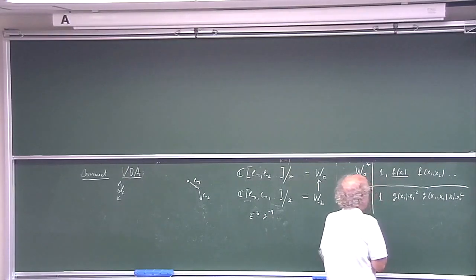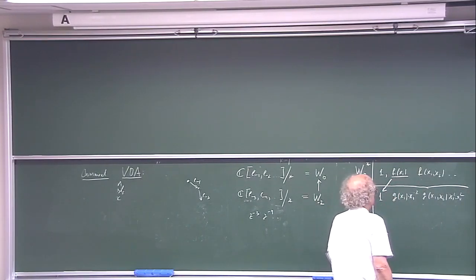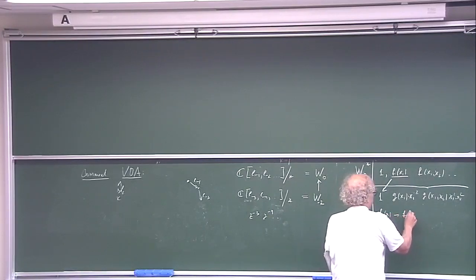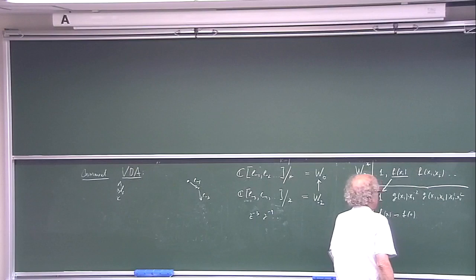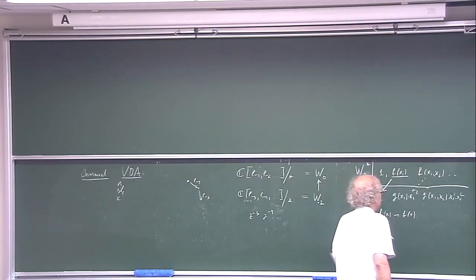About the map from this to this, it is clear: f of x goes to f of 0. The map from this to this is also clear.